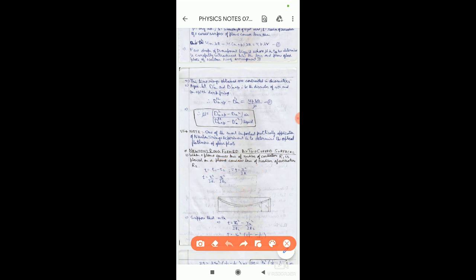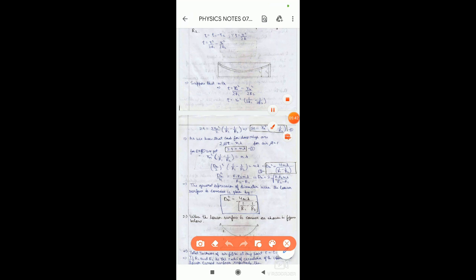Now suppose the diameter of nth dark ring, T equal to Rn square upon 2R1 minus Rn square upon 2R2, so T equal to Rn square into (1 upon 2R1 minus 1 upon 2R2), which can be written as 2T equal to Rn square into (1 upon R1 minus 1 upon R2), equation number 1.